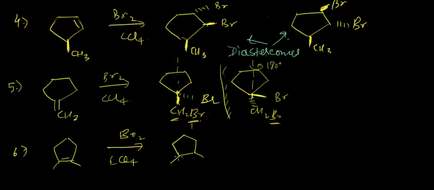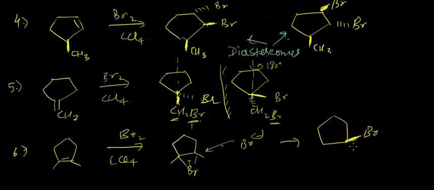Let me draw the intermediate. If Br comes here up the plane, we would have something like this. Br here, CH3 here, and this Br down, and this CH3 up the plane.